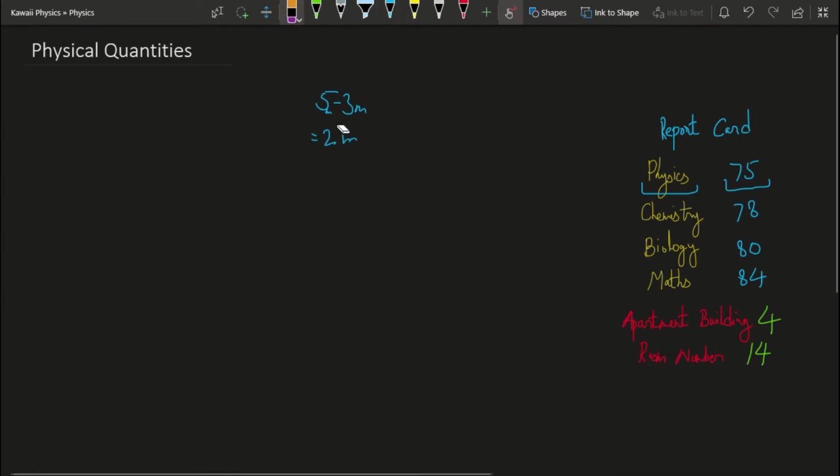If you remove the meter from it, in the physical world, you just can't tell what information it is conveying. It might be in feet, it might be in kilometers, it might be in miles. You just can't tell.